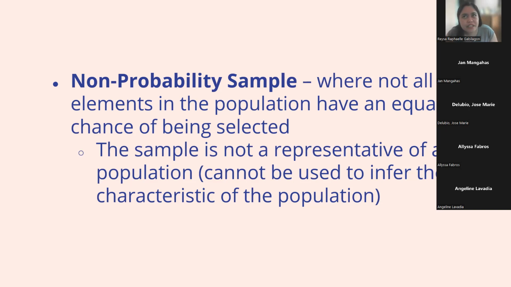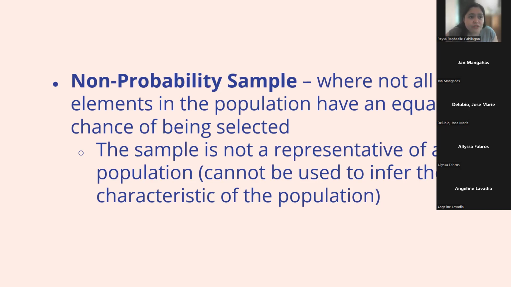Ano bang ibig sabihin nito? Example, my study is qualitative research and I want to interview medtechs in the hospital. Now, pag nag-non-probability sampling ka, pwede siyang sampling by chance or convenience sampling, na pagpunta mo doon sa hospital, kung sino lang yung naka-duty doon, sila lang yung ma-interview mo. So wala na siyang equal chance, no?